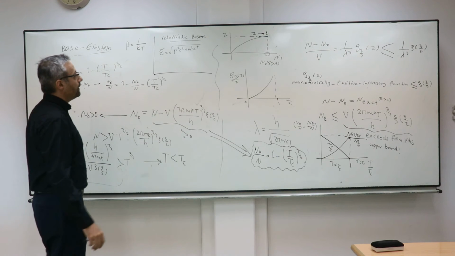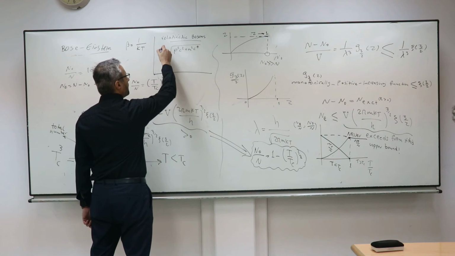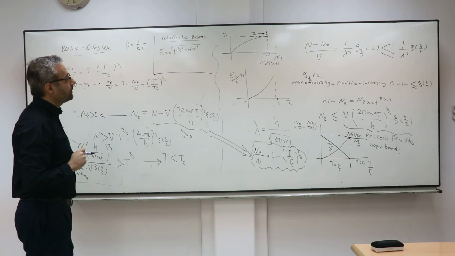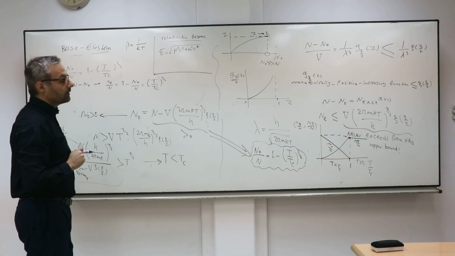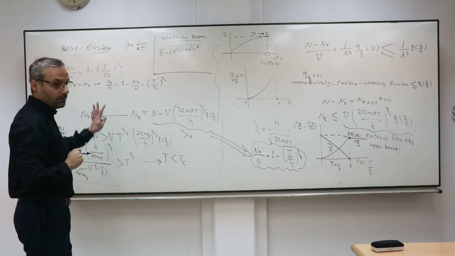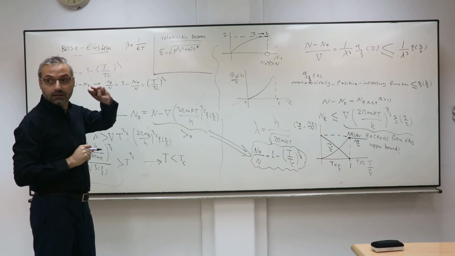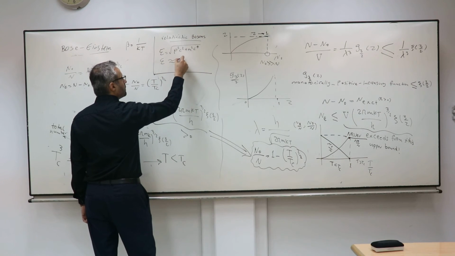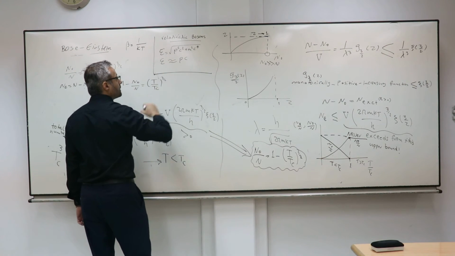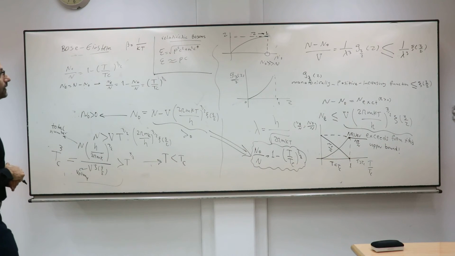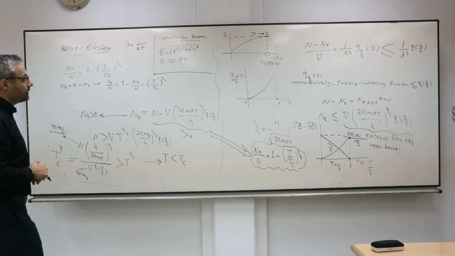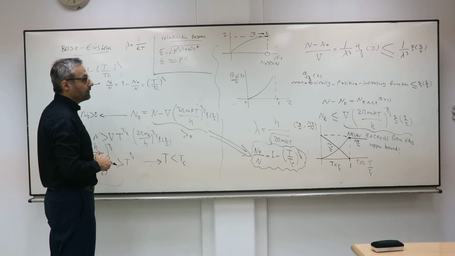You can find a very old paper which studied the relativistic case of the Bose-Einstein condensation. You can repeat all the calculation by that. It's a little bit hard. And for ultra-relativistic also, you can have these equations, E equals pc. And for ultra-relativistic, you can also have the Bose-Einstein condensation.